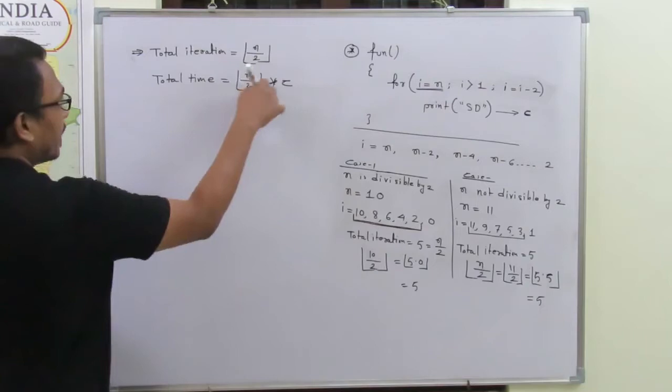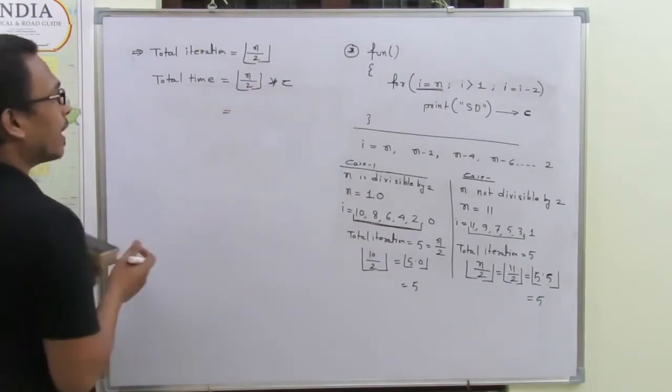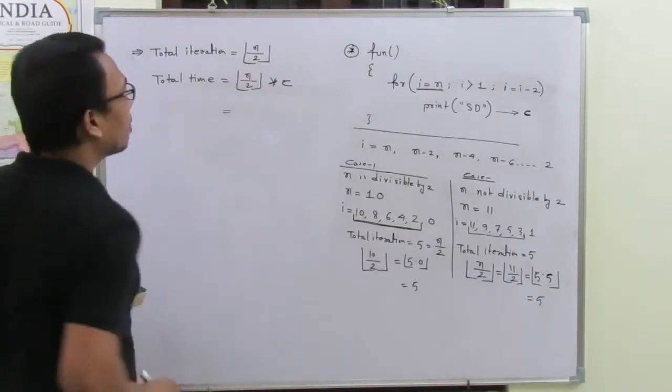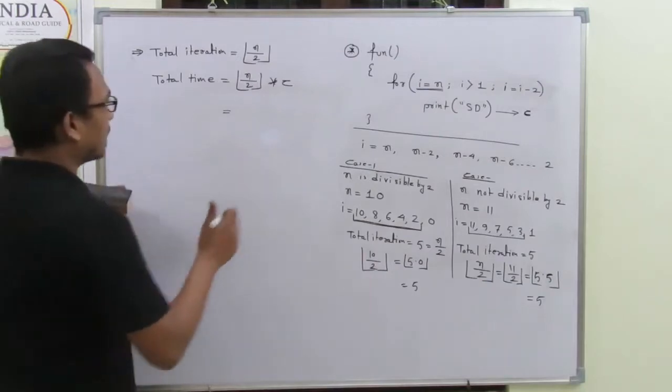So from here we can find we have to remove the term n for time complexity.